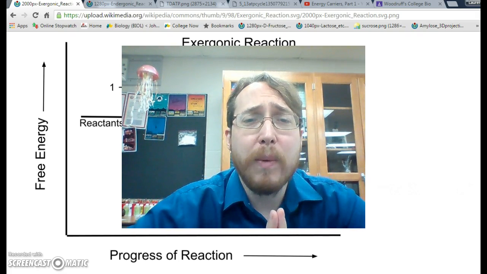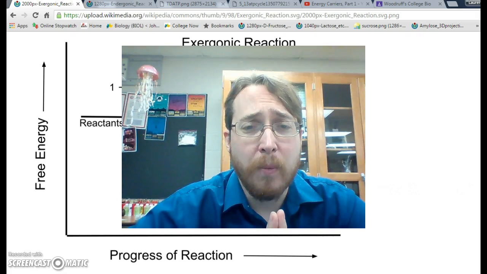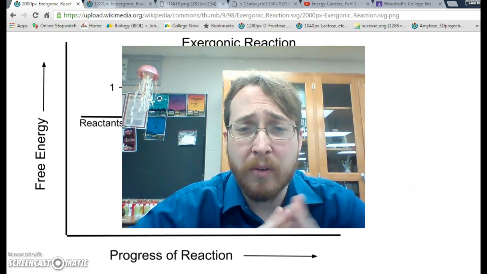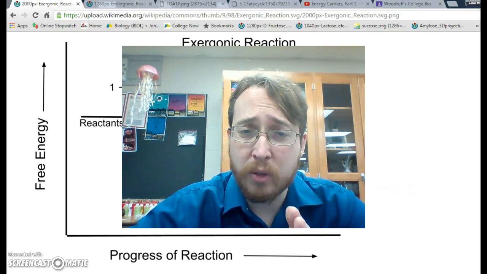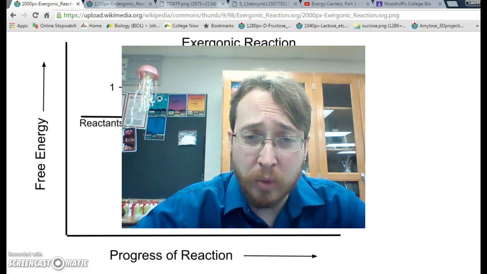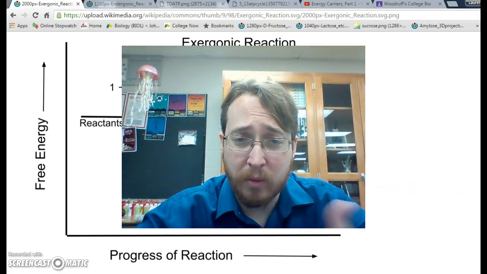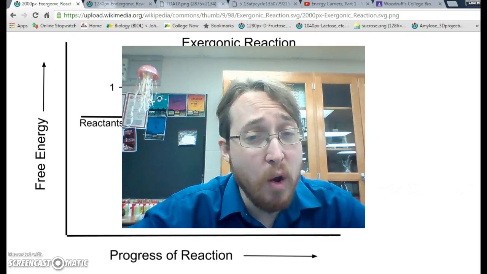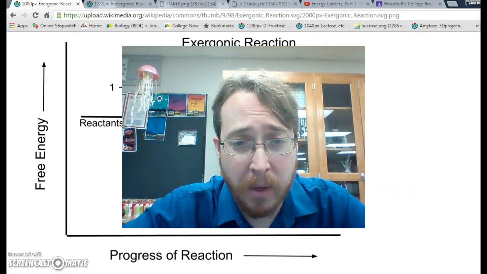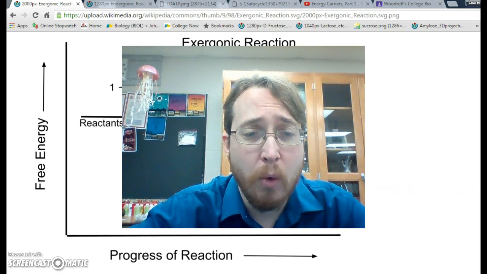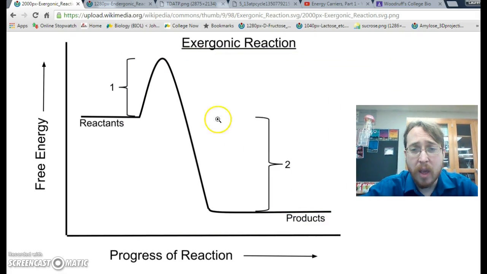So, you may remember from your chemistry, you may be exposed to the idea of endothermic and exothermic reactions. An exothermic reaction releases heat to the environment as the reaction progresses, and an endothermic reaction absorbs heat from the environment as the reaction progresses. Well, we have two different terms that we're going to be using: exergonic and endergonic.